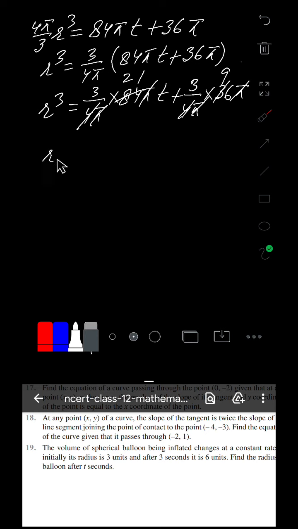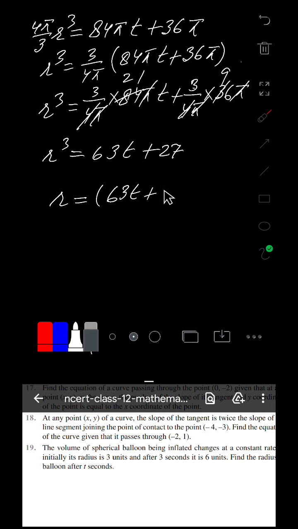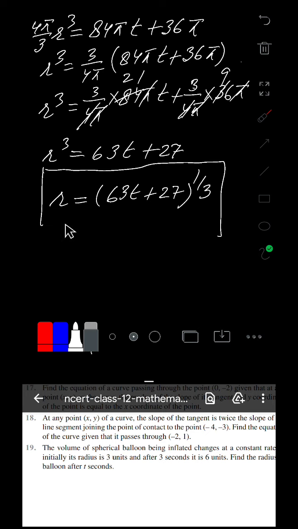We have r cube is equal to 3 ones are 3, 3 twos are 6 t, plus 3 nines are 27. So r is equal to (63t plus 27) whole raised to the power 1 upon 3. So this is the required radius after t seconds.